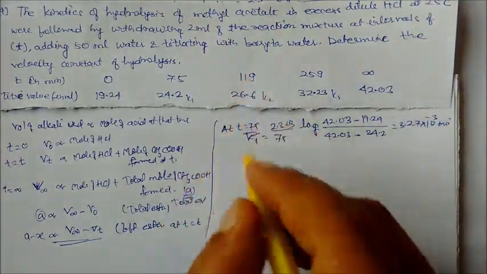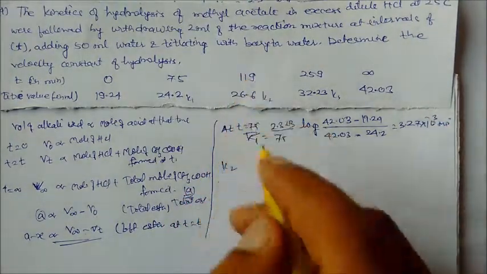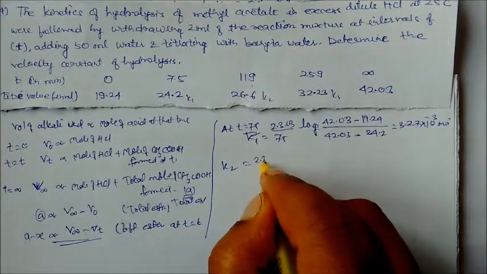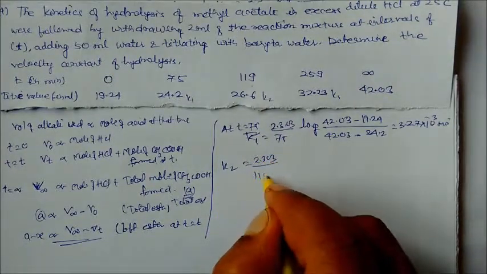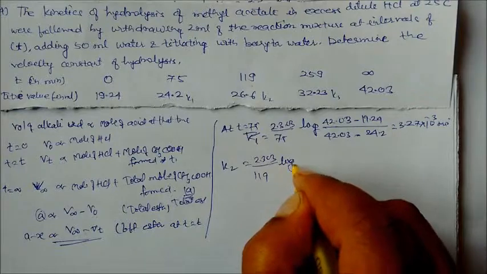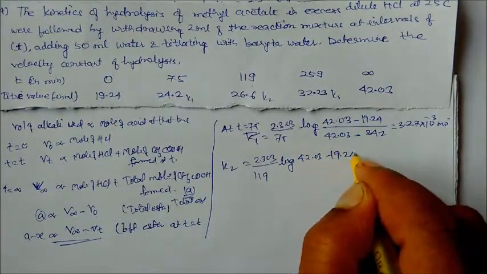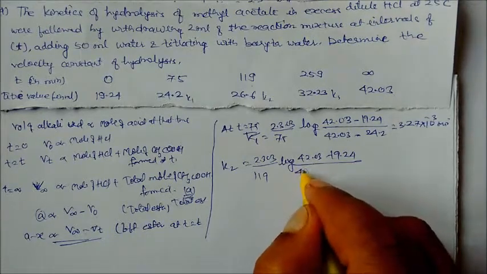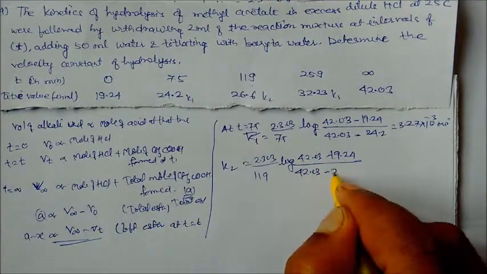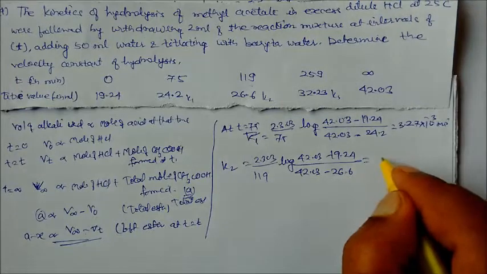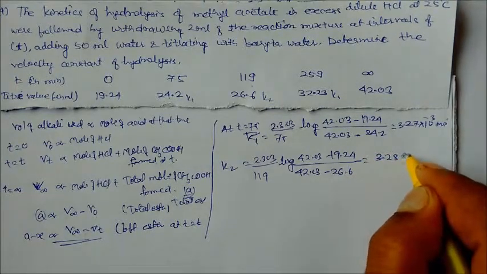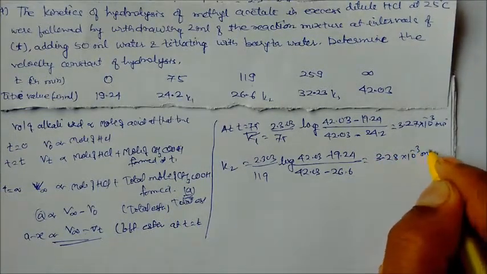Now for the second one, K2 means time is 119. So for the second one 2.303 by 119, again the same thing, 42.03 minus 19.24 divided by 42.03 minus 26.6. So here you will get 3.28 into 10 to the power minus 3 per minute.